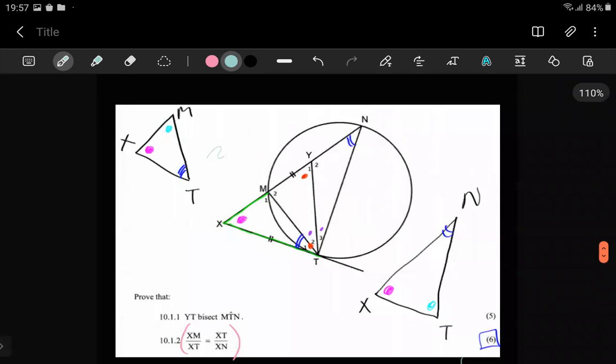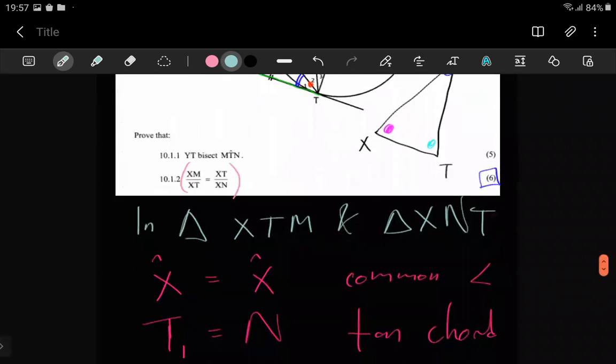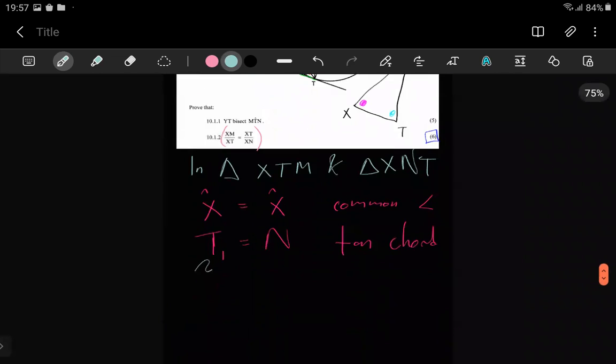So M here, we know it's labeled M1. The whole T here, we have to call it XTN. So let's start with M1. M1 is equal to the whole angle T, which is this whole thing here. We can call it XTM. It makes more sense for us to call this XTM.